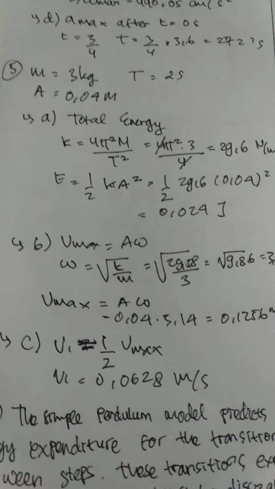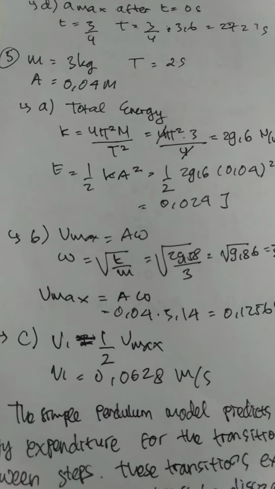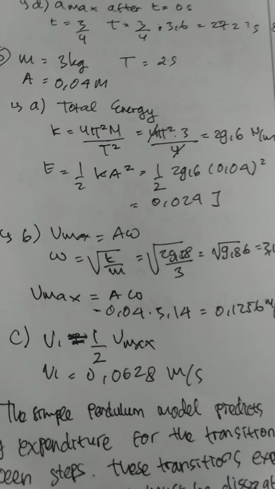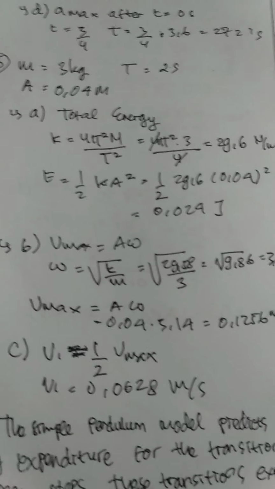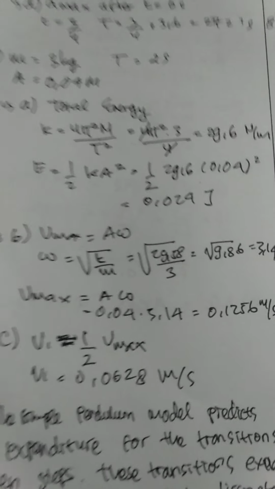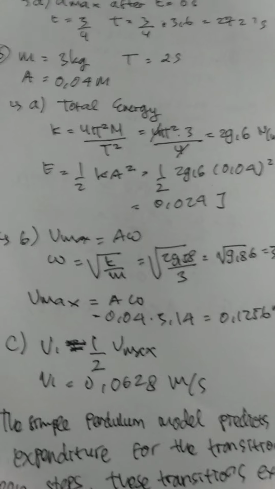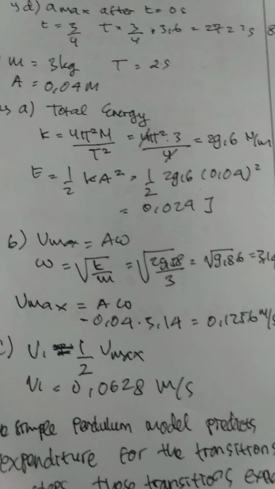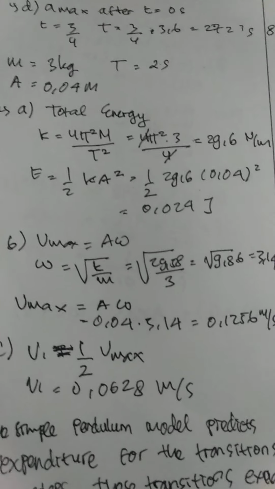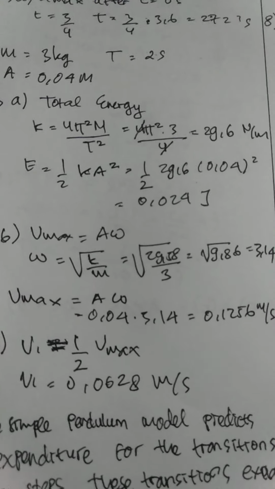The next, number 5. Given m equals 3 kilogram, the amplitude is 0.0504 meter, and the period is 2 seconds. What is the total energy? The system constant k equals 4 pi square times m per period square.